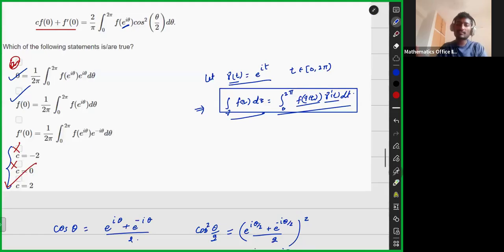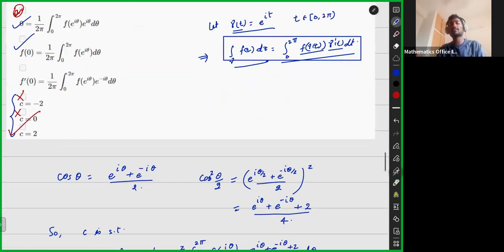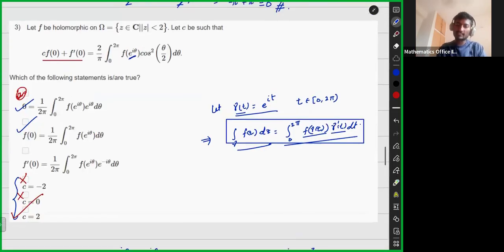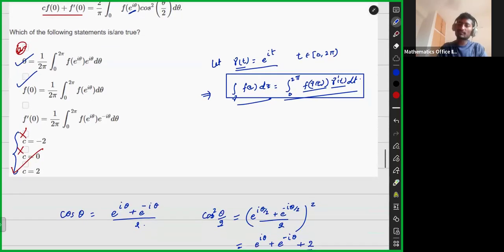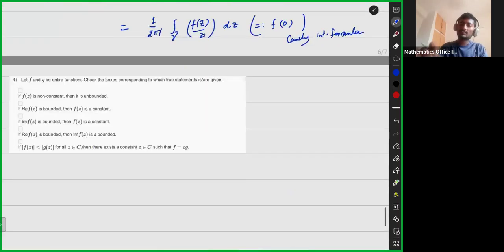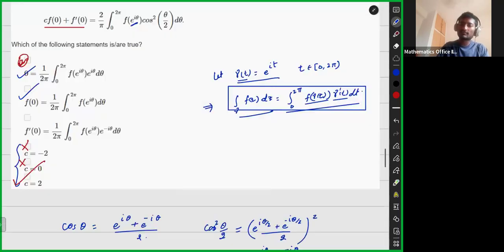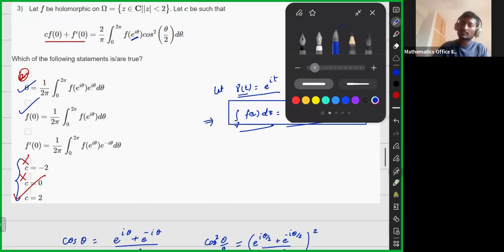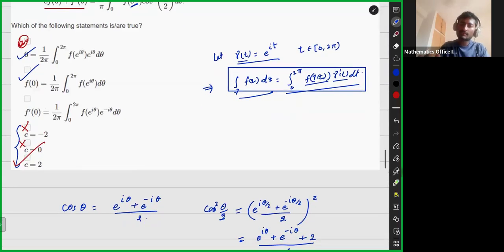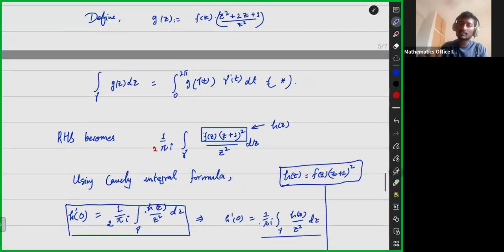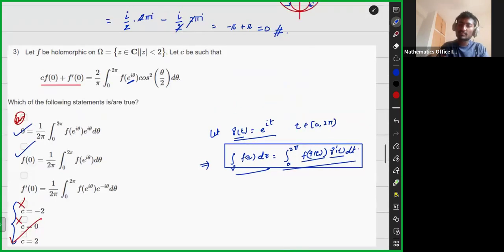What about option C? In a very similar way, this can be done. This is for the first derivative.